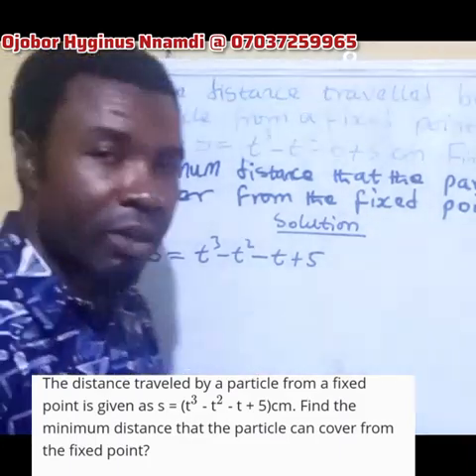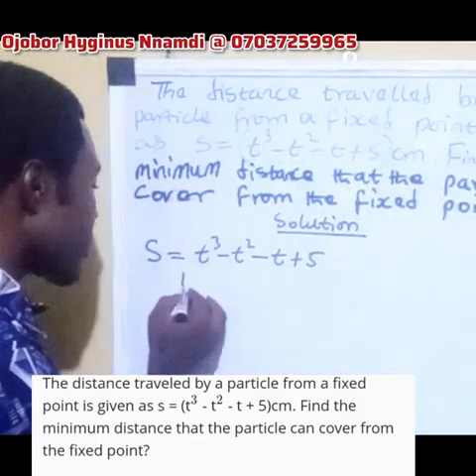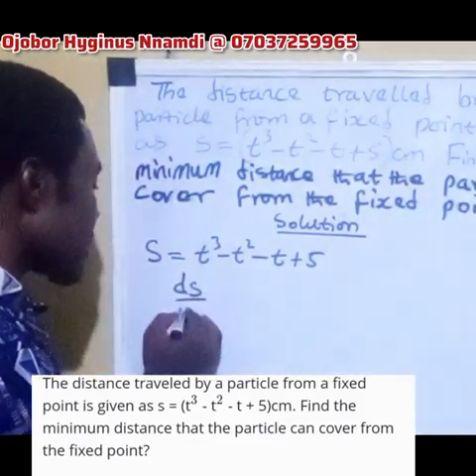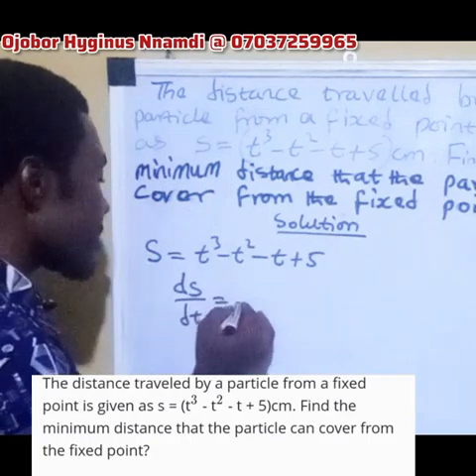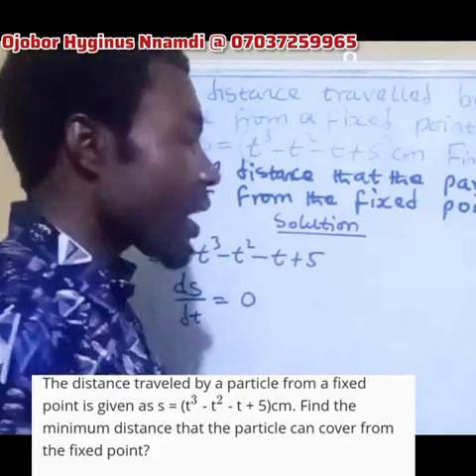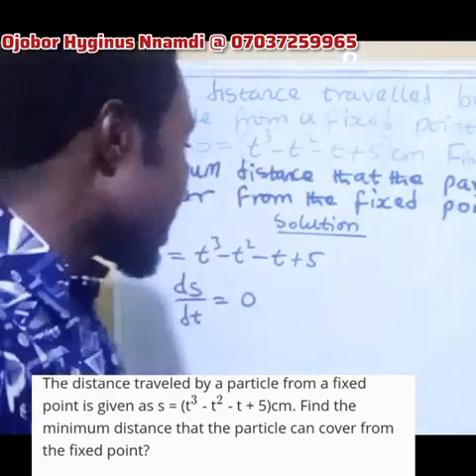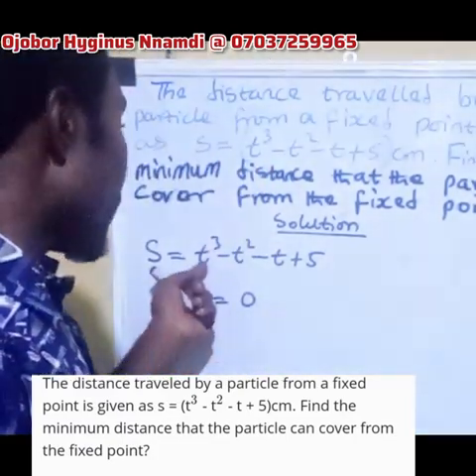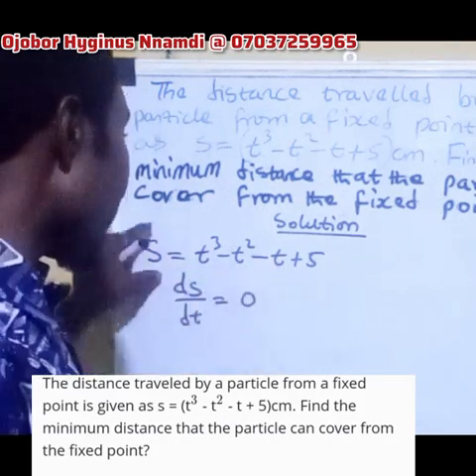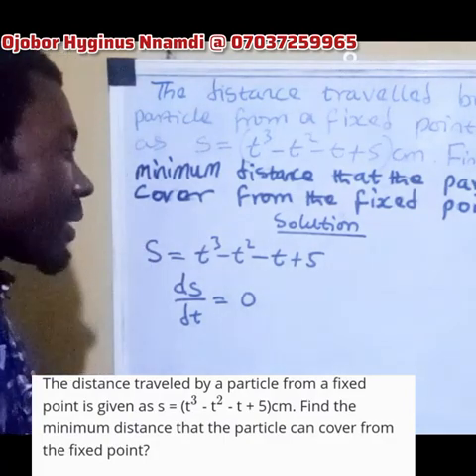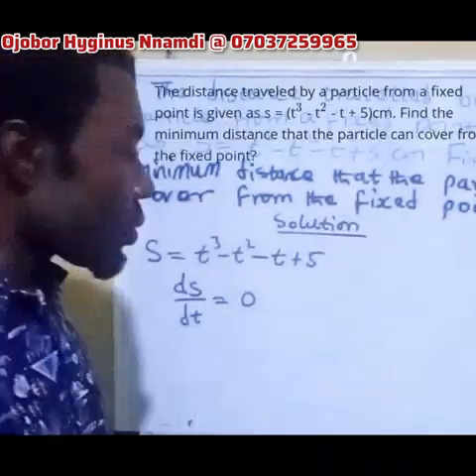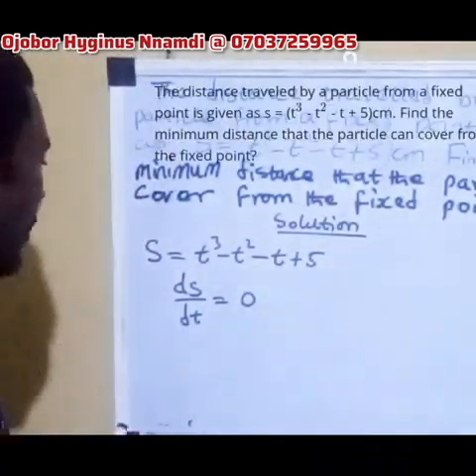That is when there is no rate of change in distance. What I mean is the rate of change in distance is change in distance over change in time. When it is equal to 0, you have the time at which this happens. If you substitute it here, whatever distance it gives you is the minimum distance. Okay, so that is what we are going to do.